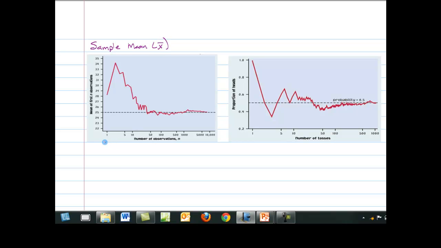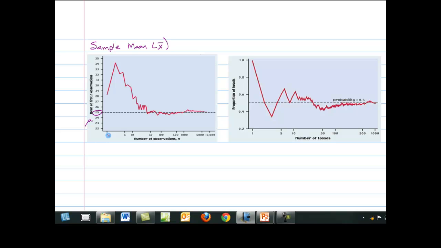First of all, on the horizontal axis, the x-axis, this gives me our sample size n. So this would be a sample of size 1. This would be a sample of size 5, and then I'd calculate the average. This would be a sample of size 10, then calculate the average. Sample of 5,000 and calculate the average. And what this is saying is these values are pulled from a population that has a mean of 25. So this value of 25 is the true mean of the population.